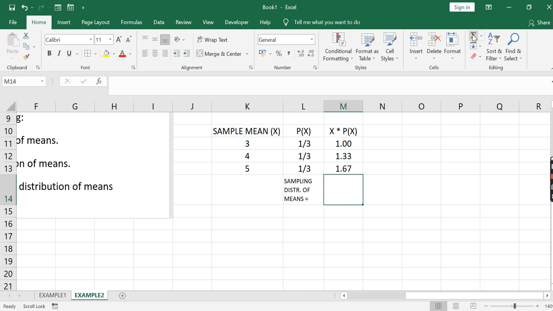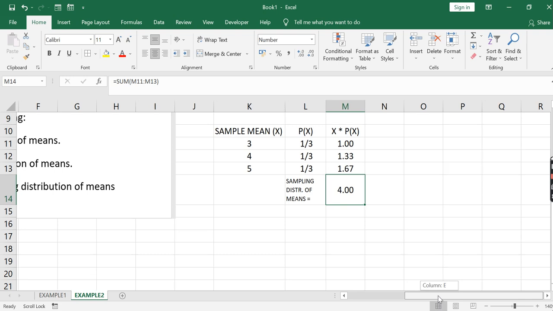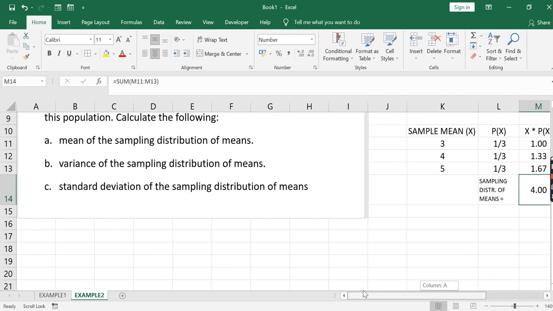So our mean is, get the sum. There you go. It's 4. So our mean is 4, meaning the mean of the sampling distribution of these means is 4. So we already found the mean.